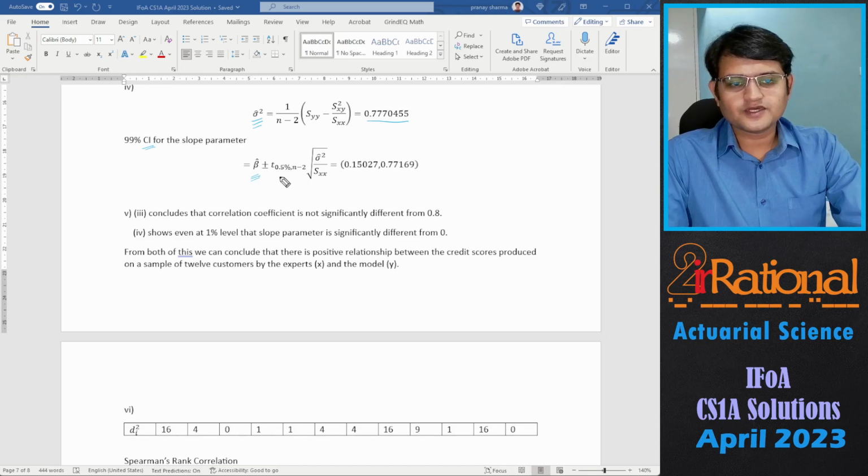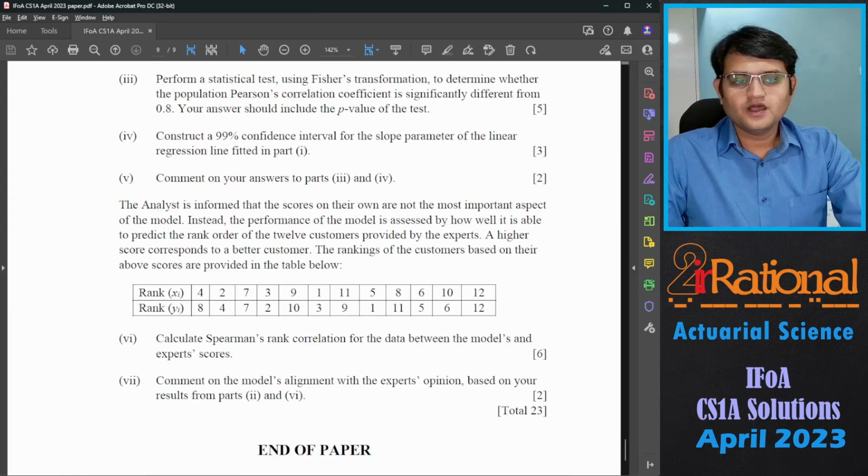So beta hat plus minus t of 0.5%, n minus 2 is going to be the degree of freedom, and this is the standard error, root of sigma hat square upon Sxx. So the confidence interval is 0.15 to 0.77169.